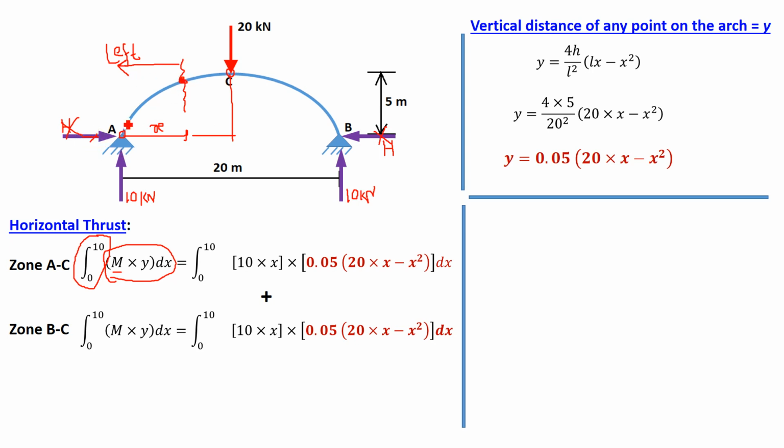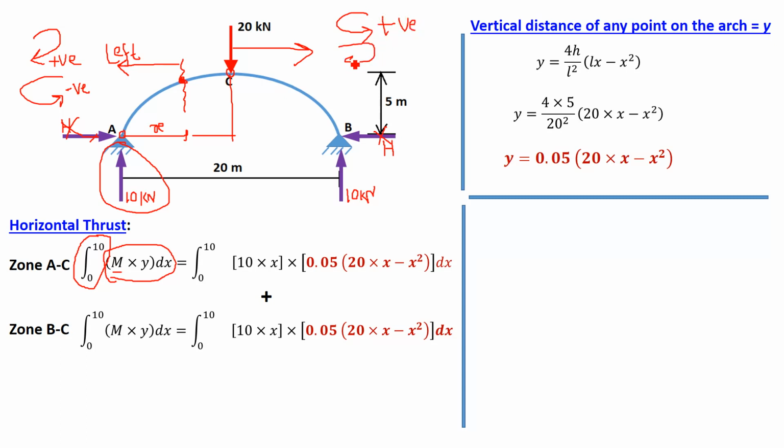The remaining force on the left section is only the 10 kilonewton vertical force. When we consider the left section of the point load, the sign convention is clockwise positive and anti-clockwise negative. And if you consider the right zone, anti-clockwise will be positive and clockwise will be negative. These are the sign conventions.